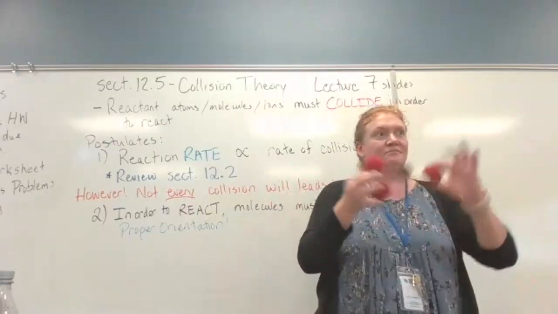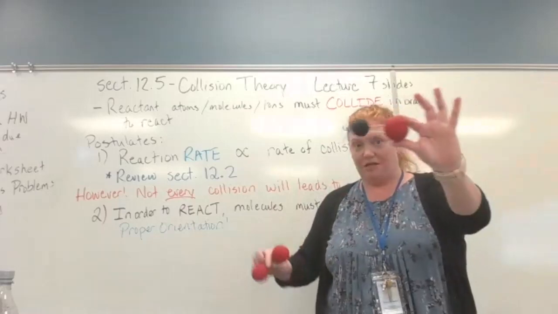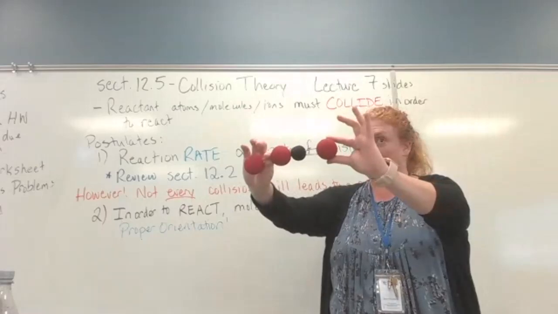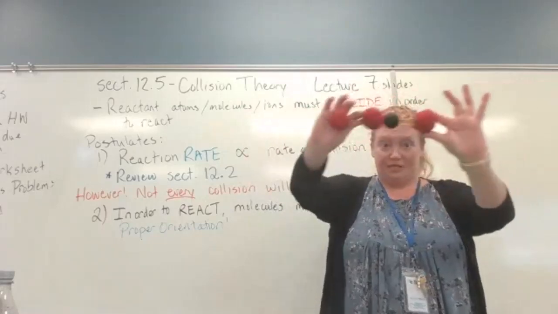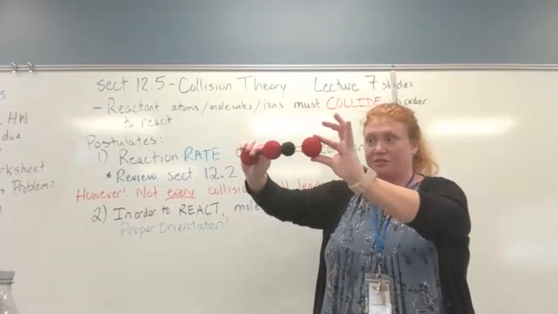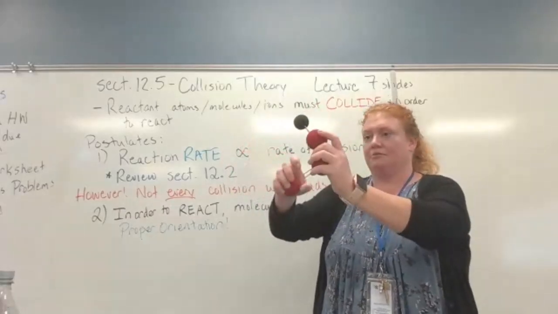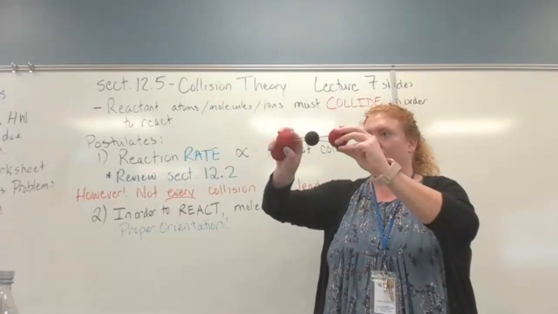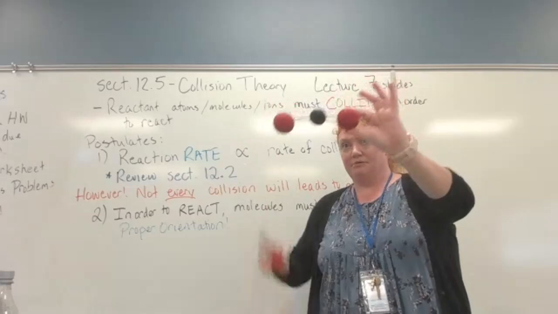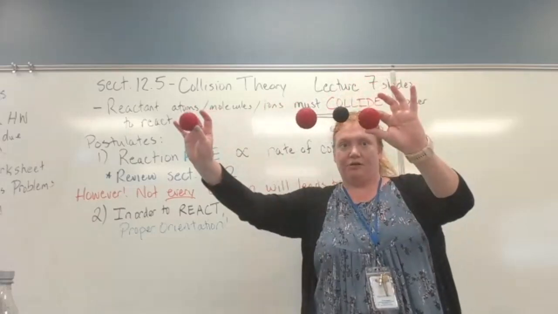But if this carbon monoxide collides with the oxygen this way, with carbon in the middle now, then we are going to get a reaction. What's going to happen? Now I made CO2. And now I just have what over here?